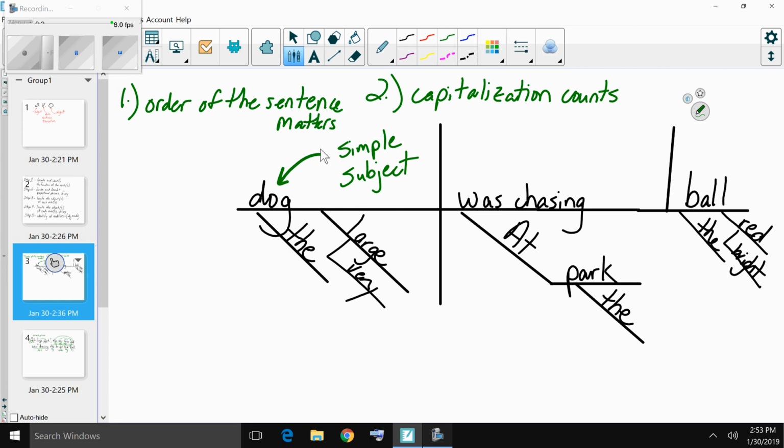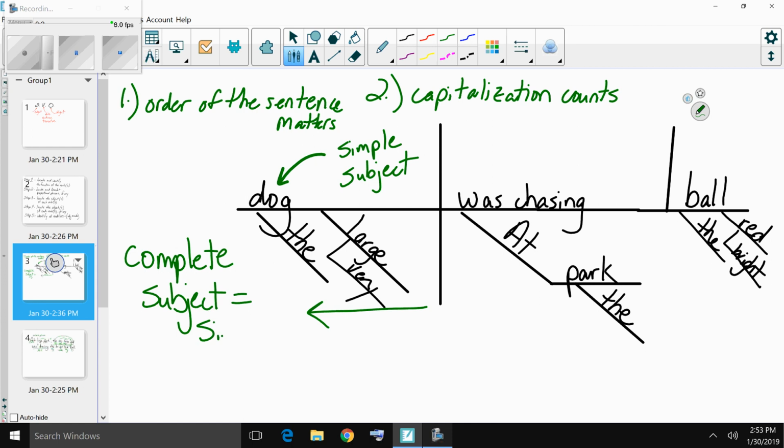Everything to the left of that bisecting line, that's what makes that line so important, everything to the left is the complete subject. So the complete subject is the simple subject plus modifiers.